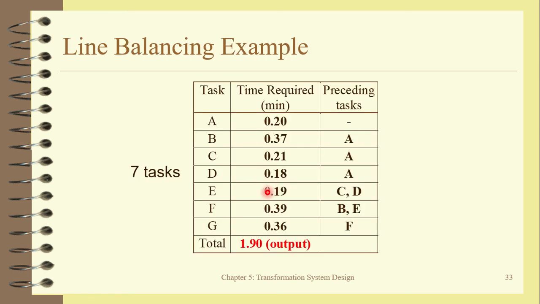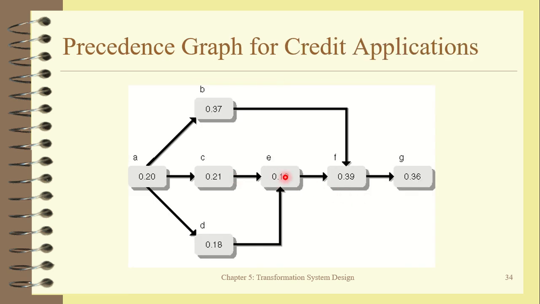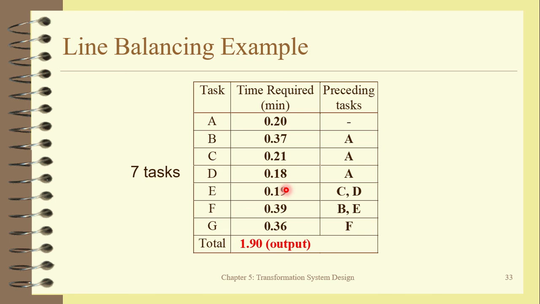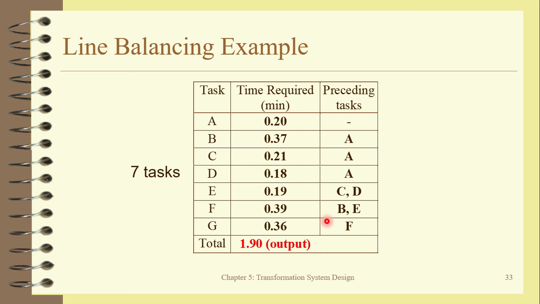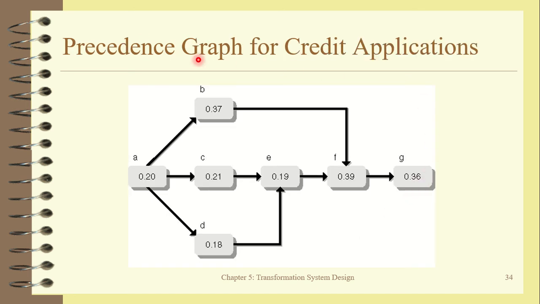And then task E requires C and D. And then task F requires B and E. And finally task G requires F, like this one. So you need to draw this graph in order to show the precedence relationship between different tasks.